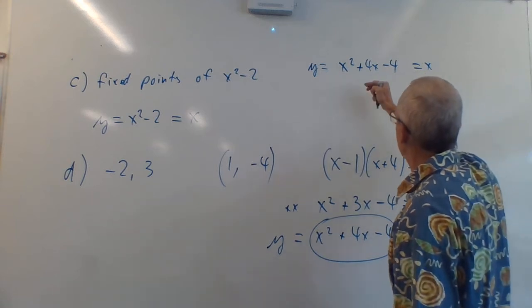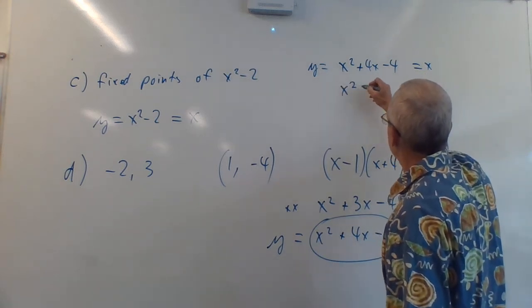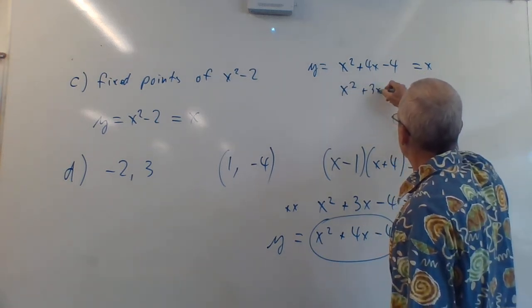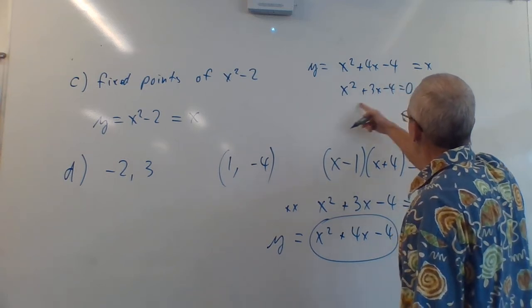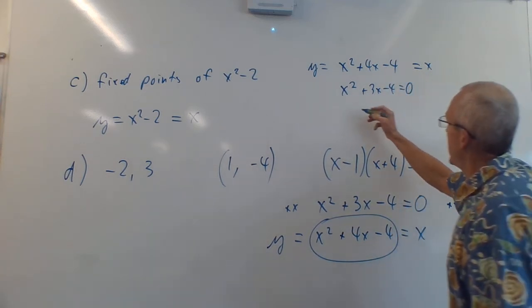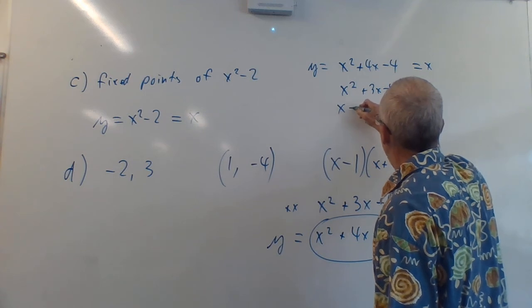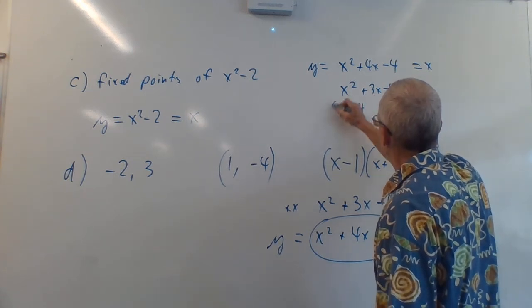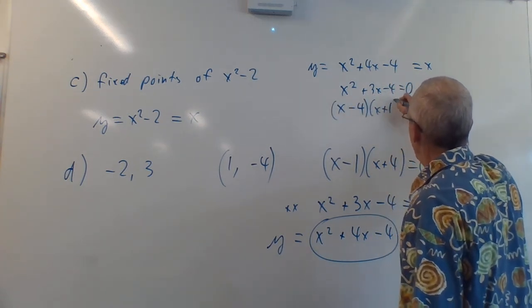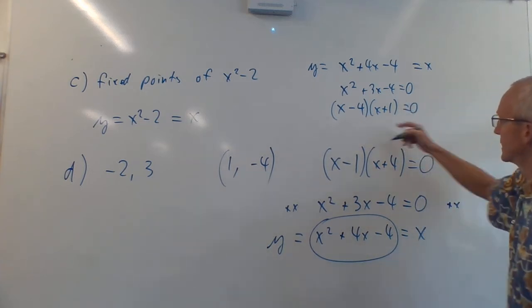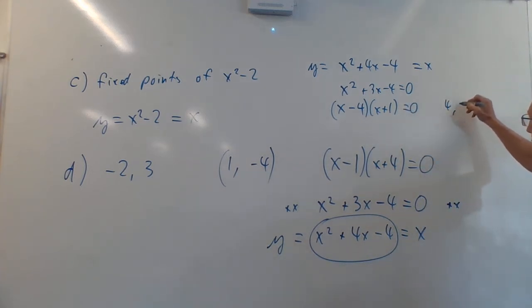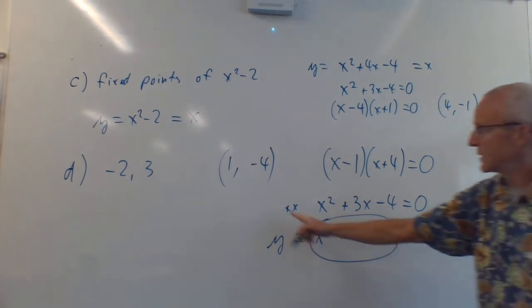Okay, take away x from both sides. So now we have x squared plus 3x minus 4 equals 0. We want to solve for x, factor this, x minus 4, x plus 1 equals 0. So what solves that? So the fixed points are 4 and negative 1, which is what we started off with here.